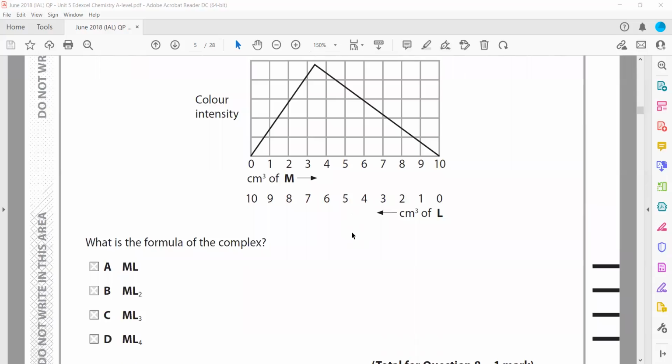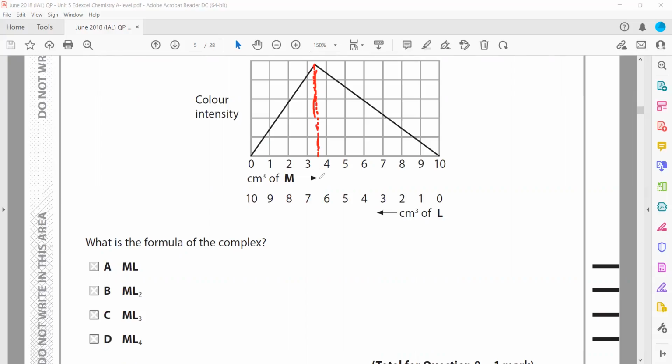So what is the formula? If they have the same concentration, the point where the color intensity is highest is the point where the two substances combine with each other. So at this point, what is the volume? Because if the concentration is the same, the ratio of the volumes is the same as the ratio of the moles.